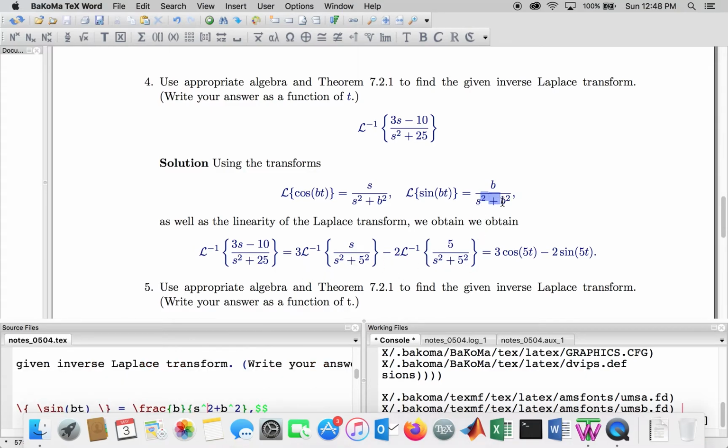To fit this rule, because there's a constant up top, there's no s in the second term. Here there's no s. So I'm going to have a constant up here. That constant has to match what's down below. So I have b squared down below. I must have b up above.